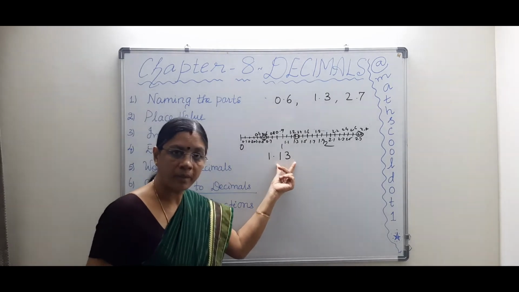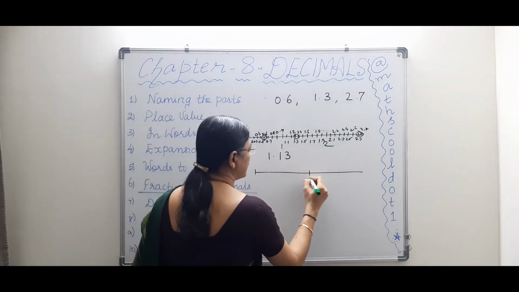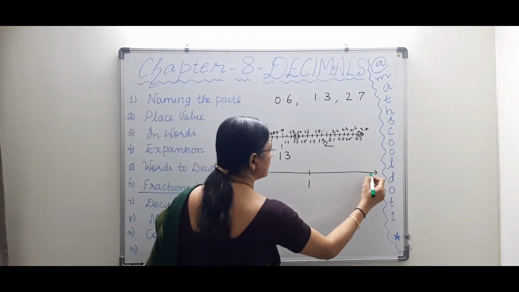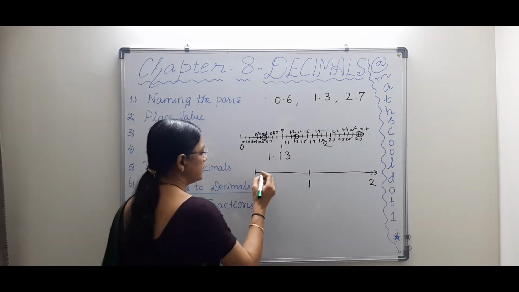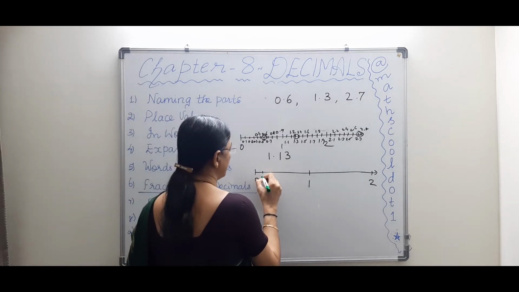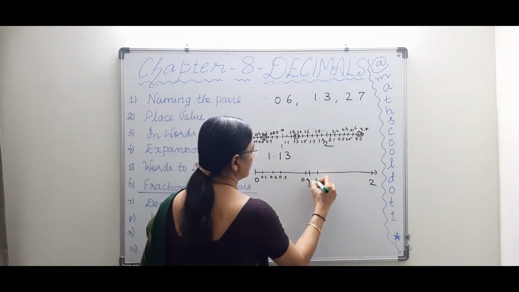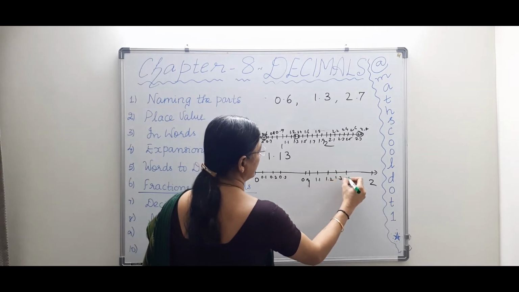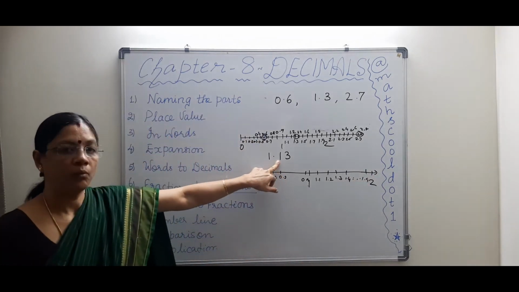But there are two decimal places here, so to draw this, I need still some more magnified spaces. So I have 0, 0.1, 0.2, 0.3 and so on up to 0.9. Now 1.1, 1.2, 1.3, 1.4 and so on up to 1.9. Okay. Now I need to mark 1.13.